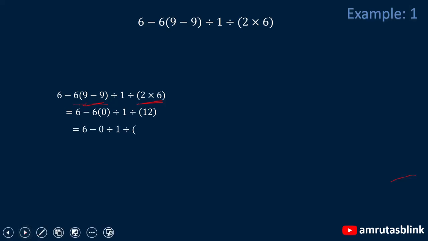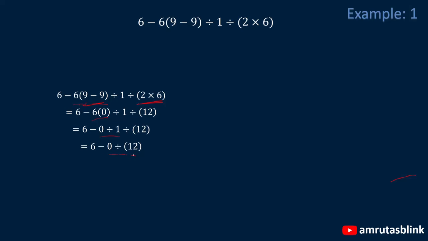So after that, now we will have this multiplication part. So 6 minus 6 into 0 is 0, divided by 1 divided by 12. Now first of all we will solve the division. Let's say 0 divided by 1 is equal to 0. That's why 6 minus 0 divided by 12 as it is.